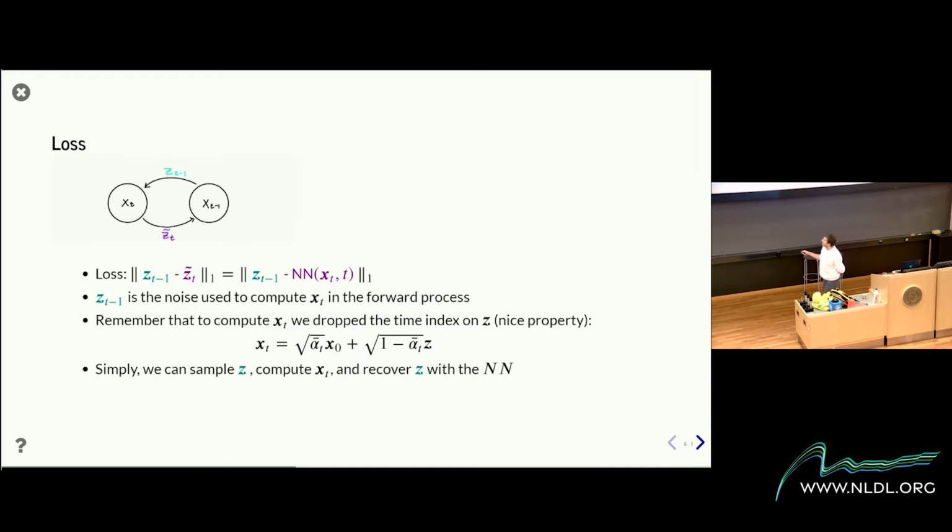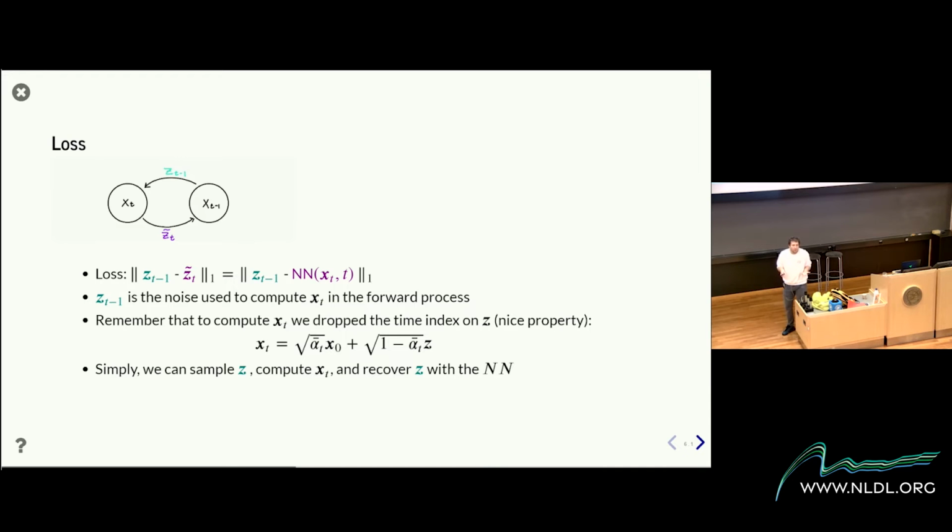So we can write this term here as the output of the neural network that takes in input x of t, the image, and t, the time step. Again, we can express x of t as this value here under the square root. That is something that we know, right? These are the alphas, we have full control over them.